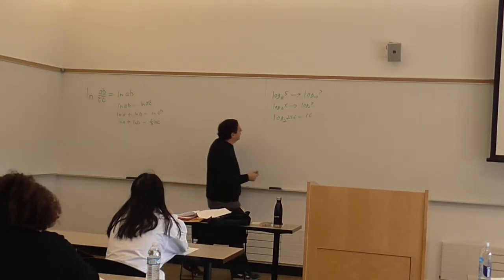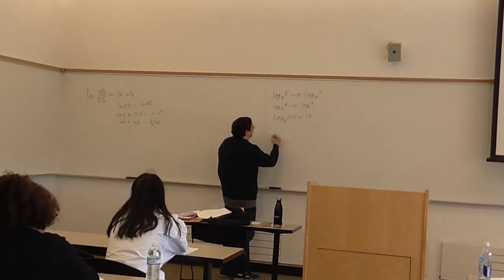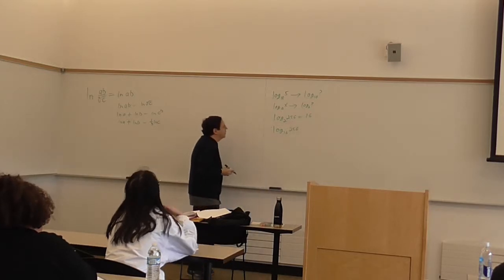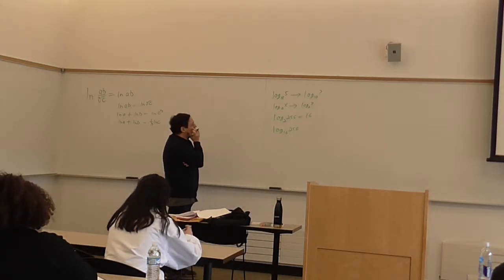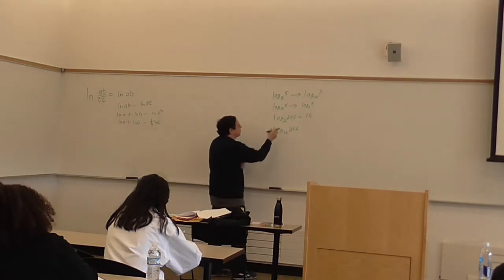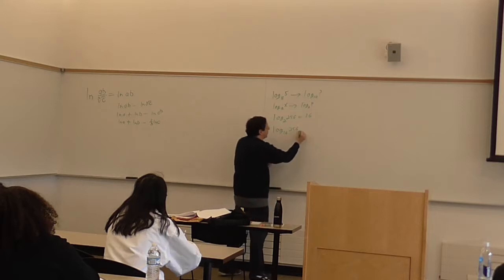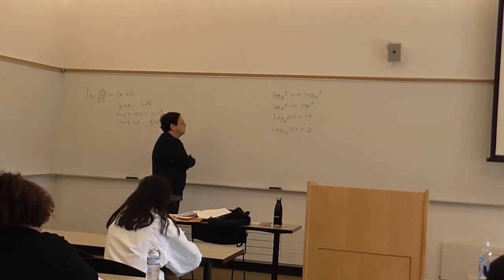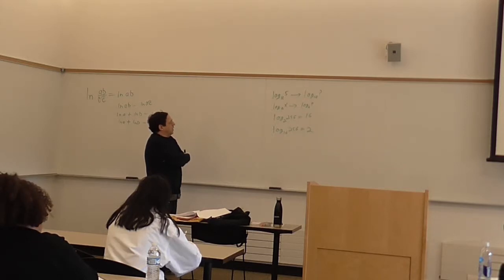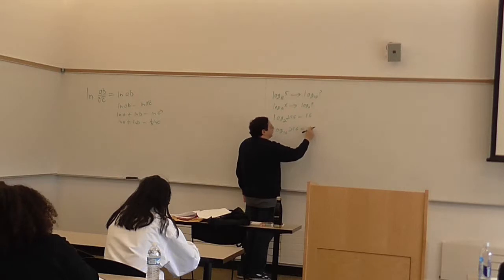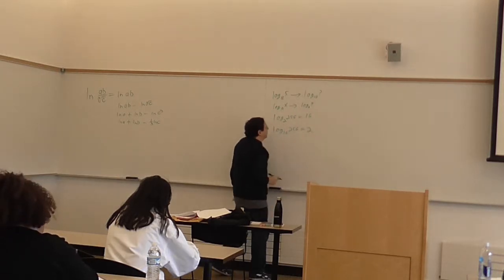Okay. So now let's take a look at log to the base 16 of 256. It's not the same thing as my problem, but we want to think about that. That's what? 2, right? And I want to think about what's the relationship between 2 and 16 here.